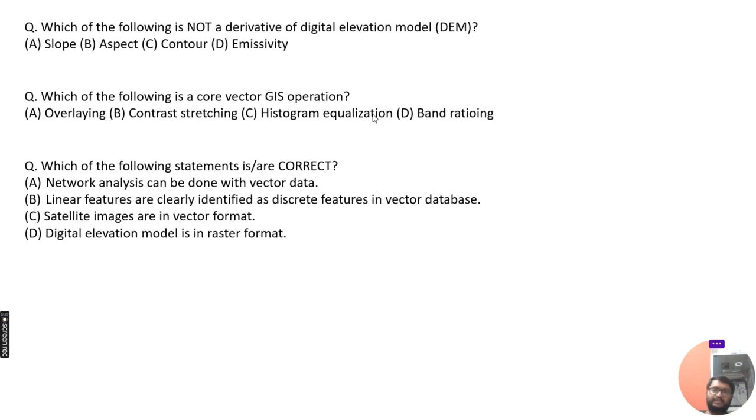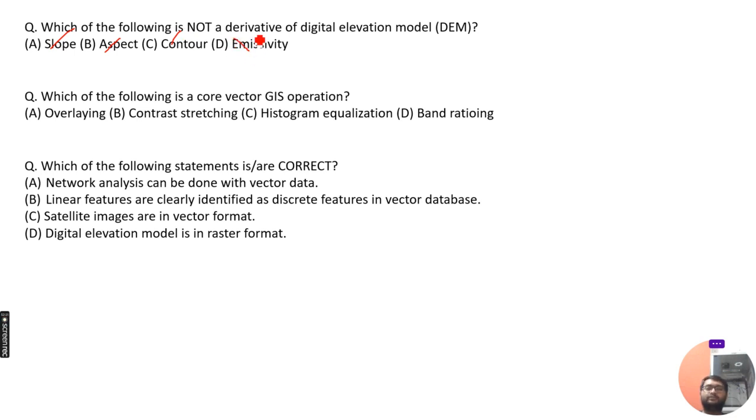Now we'll go to the next one. Which of the following is not a derivative of digital elevation models? Emissivity. Exactly. If we have DEM data, we can generate slope, aspect, and contour, which we have seen in the previous classes in hands-on sessions.